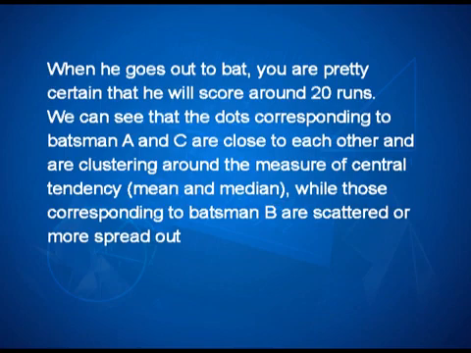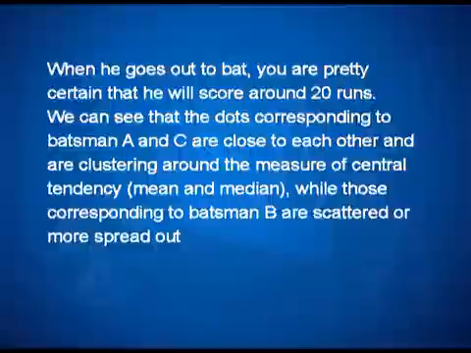We can see that the dots corresponding to batsmen A and C are close to each other and are clustering around the measure of central tendency, that is mean and median, while those corresponding to batsman B are scattered or more spread out.